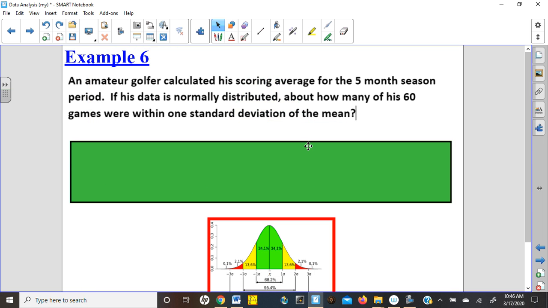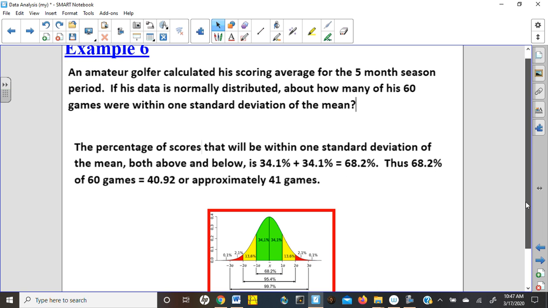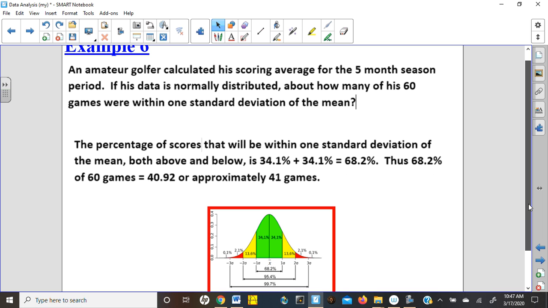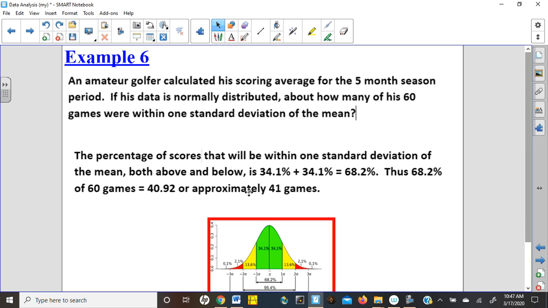So if we multiply 0.68, or if you really want to be accurate, 0.682, though 0.68 would be fine, times 60, we'll get an approximation. So 40.92 is right around 41 games. So about 41 of his games would be within 1 standard deviation of his average score.